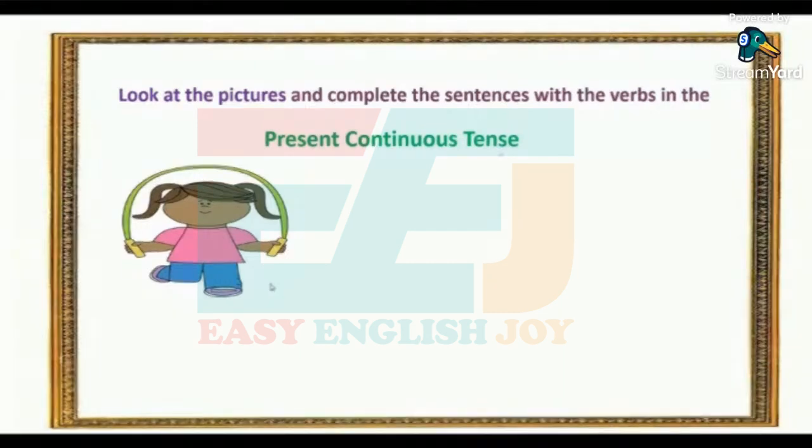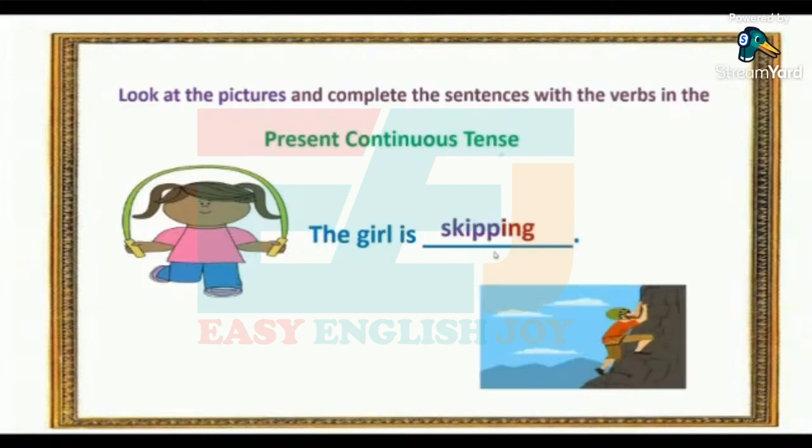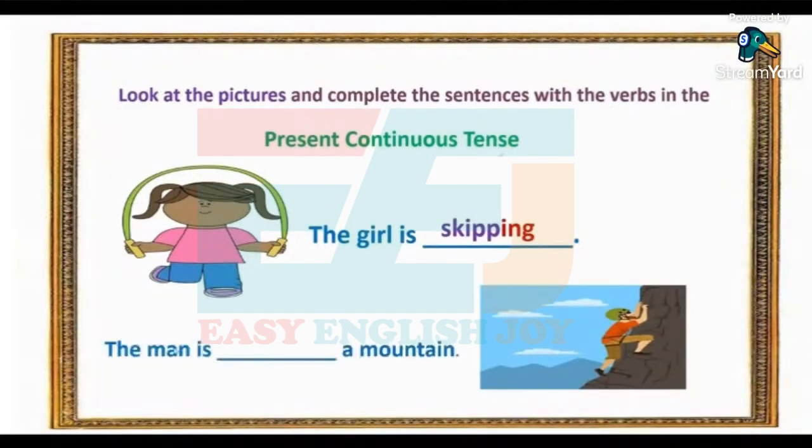Look at the picture. What is the girl doing? The girl is skipping. What is the man doing? The man is climbing a mountain.